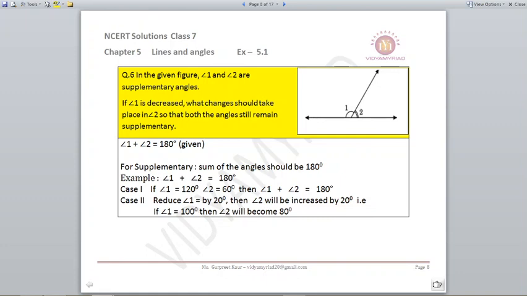Angle 1 will become 100 degrees, 120 minus 20 is 100. So what should be angle 2? It should be 180 minus 100, which comes out to be 80 degrees. So if you want both angles to remain supplementary, then if you increase or decrease one angle by some number, it will have the opposite effect on the other angle.